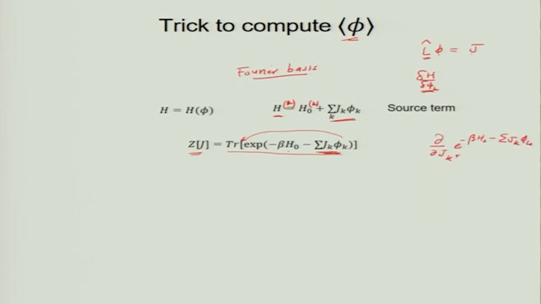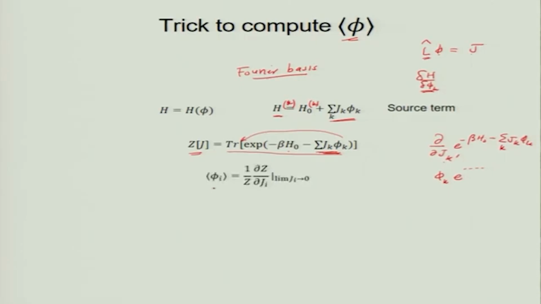If you want, you can put a k prime, and these are all k's. The exponential stays the exponential, and j_k acts inside, so I will get phi_k and the exponential, and that is what I want, phi_k to be filtered out. That is a great trick. We just take the derivative of the partition function with respect to j_k.